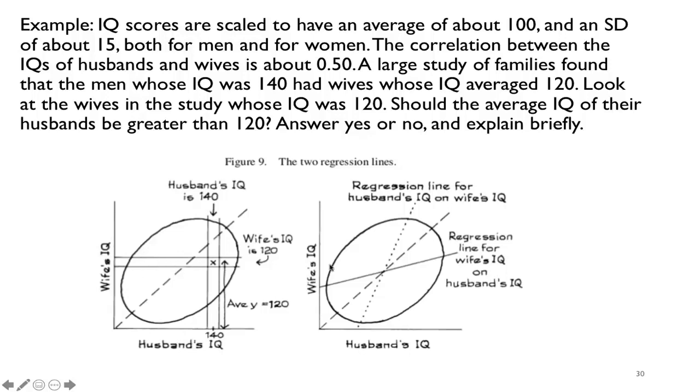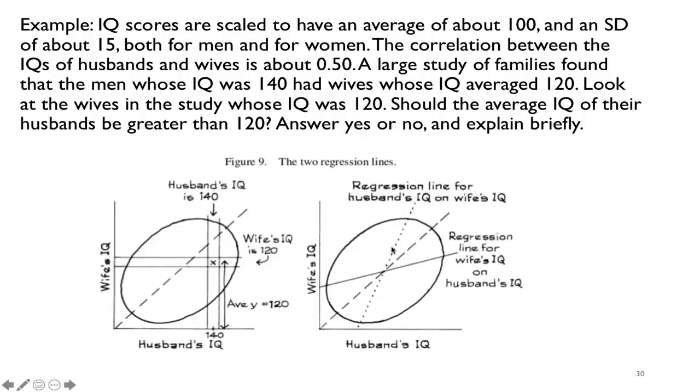And now, again, we said before that we have two regression lines. This regression line is that if I know the husband's IQ, I can use it to predict the wife's IQ. The other regression line is the one I will use if I know the wife's IQ, and I want to predict the husband's IQ.